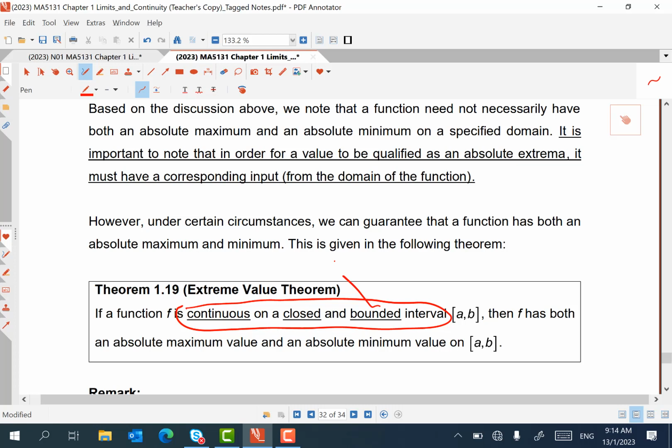Why is it important to say this? Like this one, this interval is closed, but it's not bounded, so this is not counted. So for a function that's continuous on a closed and bounded interval, this theorem, which is also abbreviated as EVT, assures you the existence of the absolute max and min.